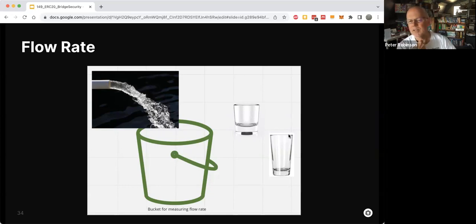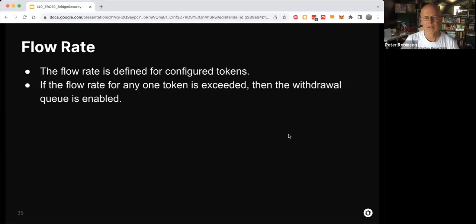So if you ever empty the bucket, then you have exceeded the flow rate. That's the broad concept. And the flow rate is defined for configured tokens. So if the flow rate for any one token is exceeded, then the withdrawal queue is enabled for all tokens.